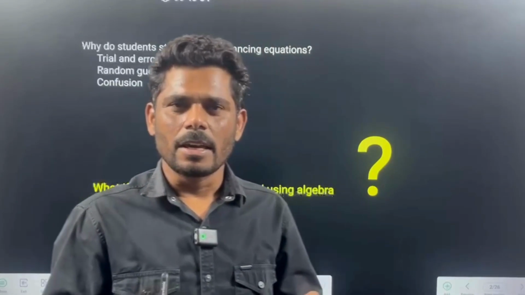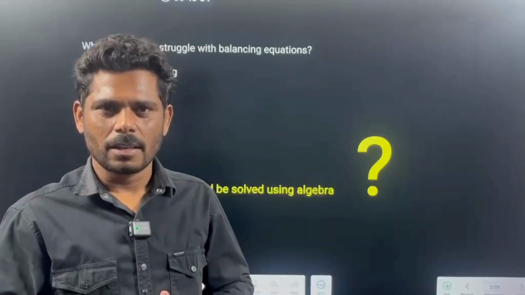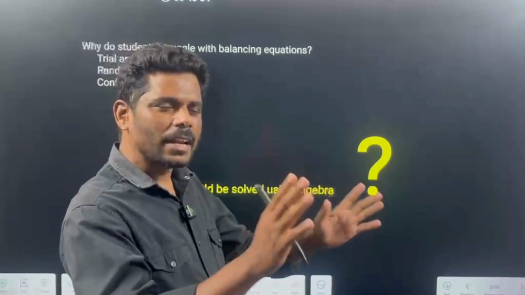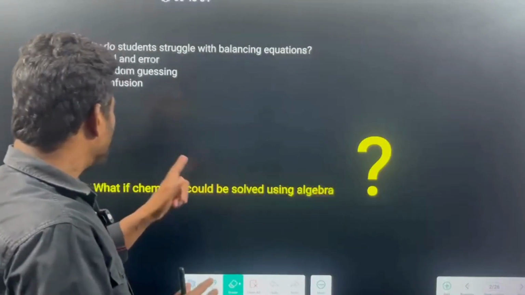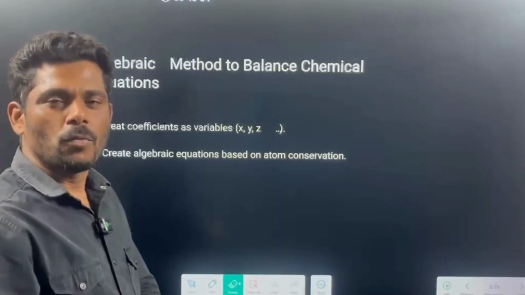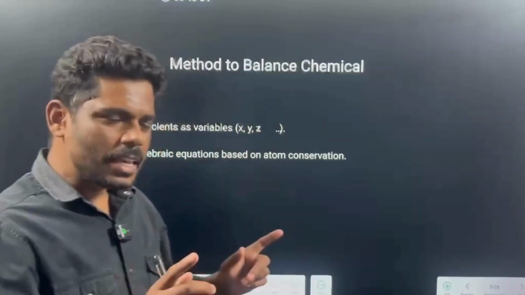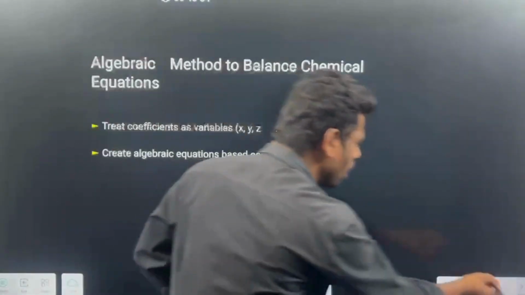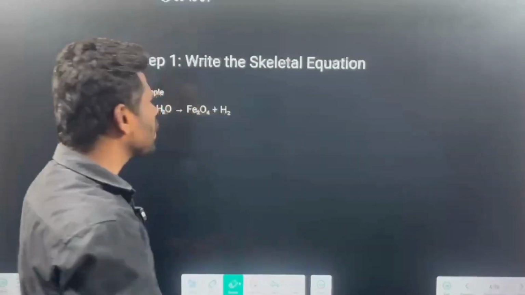To get your equation balanced, instead of following the trial and error method, let's follow a simple method called the algebraic method, where we can balance any chemical equation easily. For that, let's see the steps involved in balancing the equation.